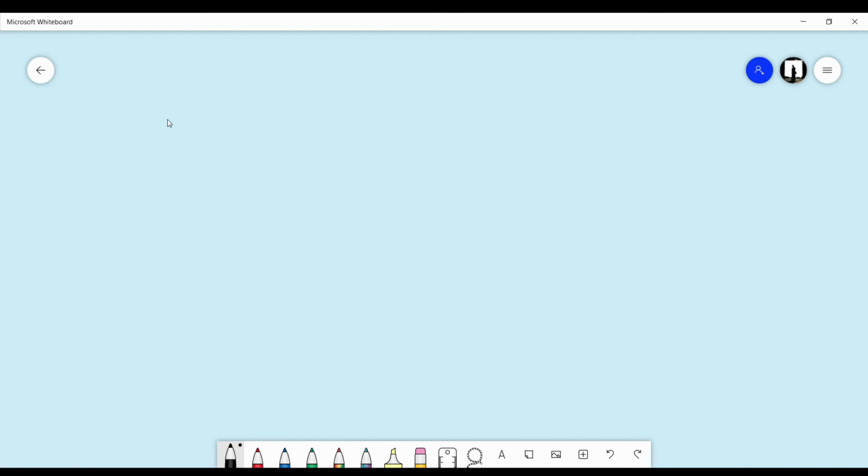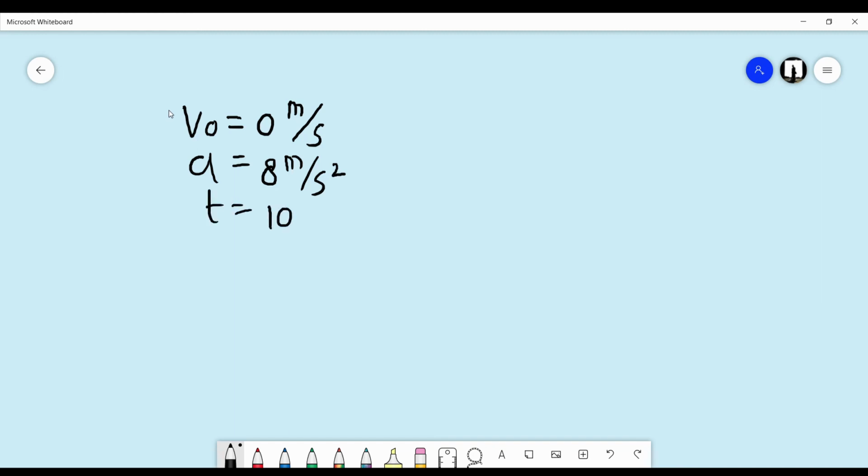So the initial speed equals 0 meters per second because it's from rest position. And then the acceleration will be 8 meters per second squared. And then we have time is 10 seconds.